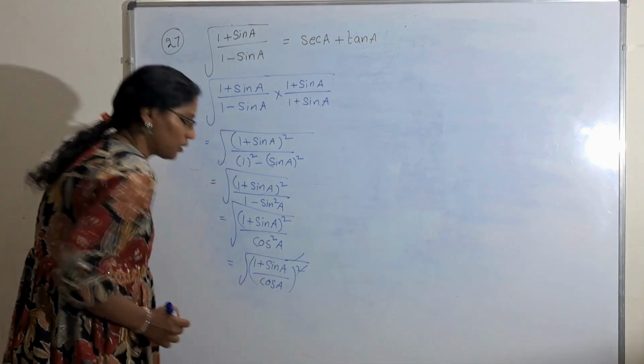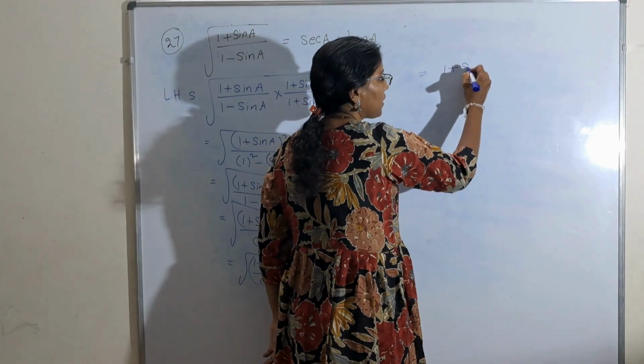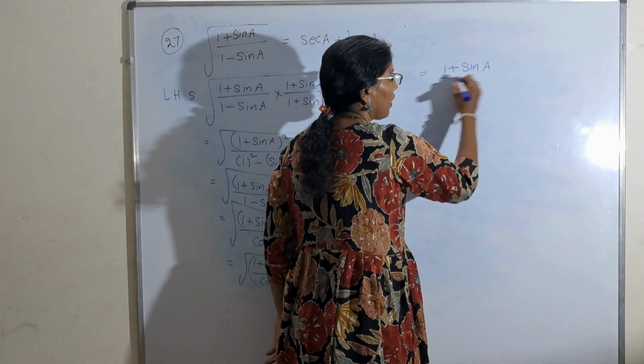The square root cancels, remaining 1 plus sin A by cos A.